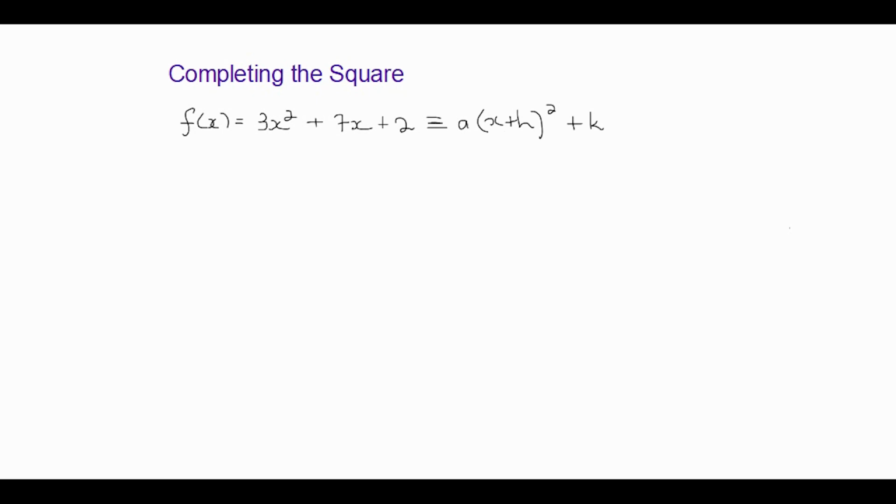If we were to express this in the completion of squares form, here's what we're going to do. We're going to begin by looking at the coefficient of x squared. If the coefficient of x squared is something different from 1, we're going to factor out that coefficient from all the terms in our quadratic expression.